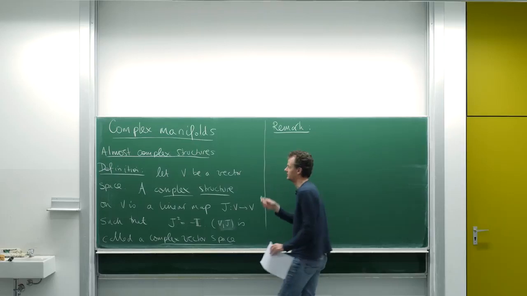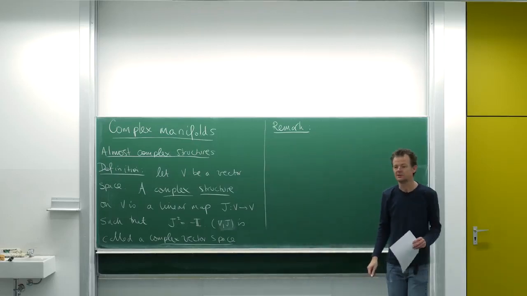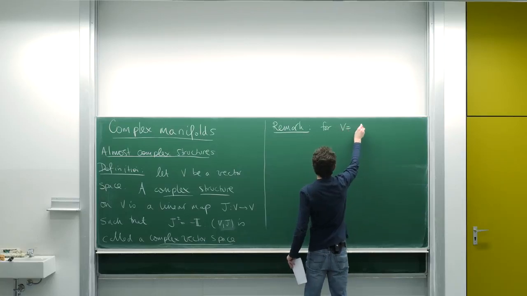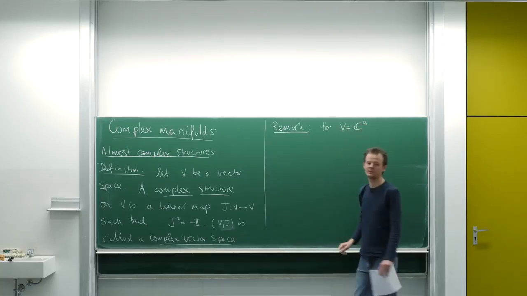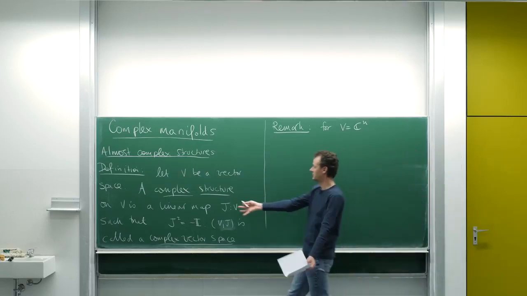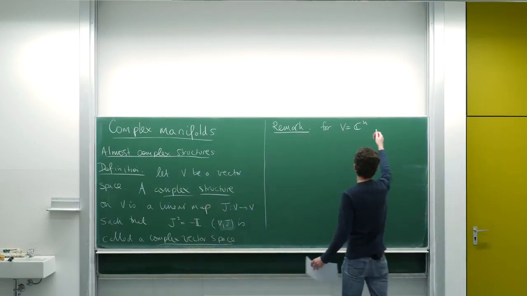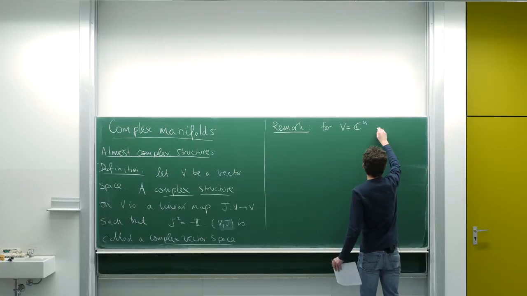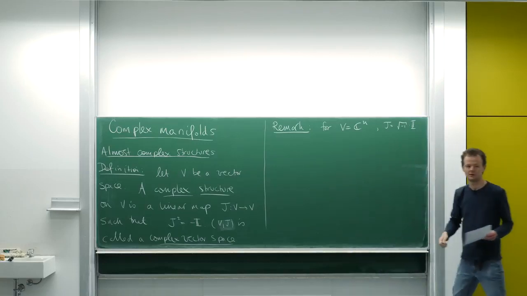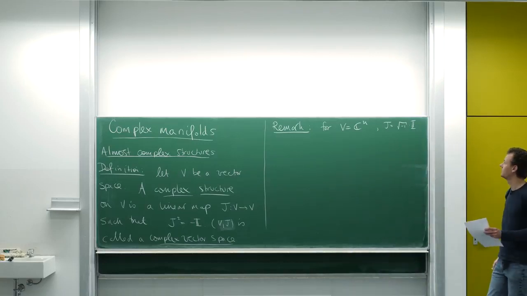So let's just check that this definition isn't completely ridiculous. For the example where we really do have a complex vector space, if J is meant to be like square root of -1, then it had better be like square root of -1, right? So then that indeed satisfies the requirement to be a complex structure.